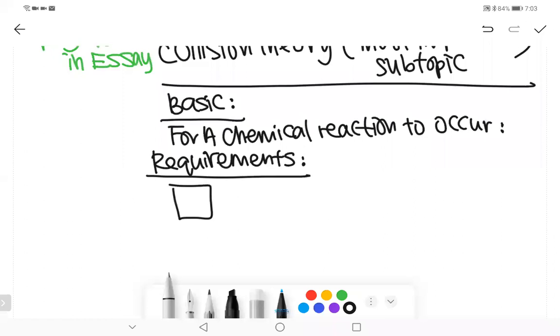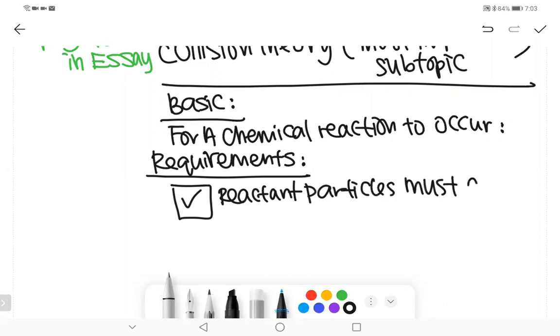The first requirement is your reactant. Reactant means raw material. The raw material particles must collide.